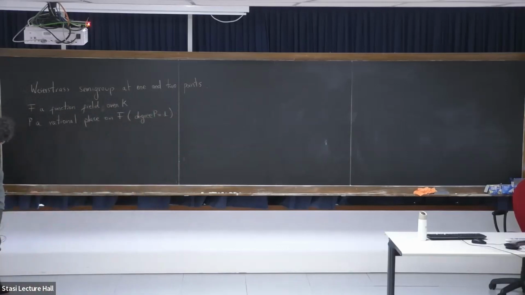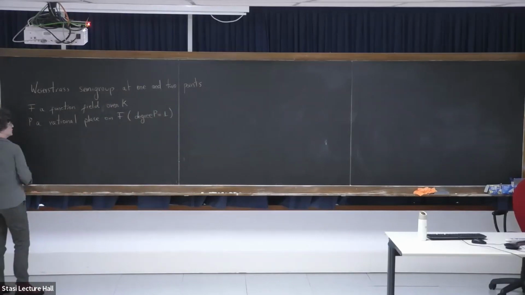Then, fixing this, we saw by the Weierstrass gap theorem that we can associate a Weierstrass semigroup. So we are going to take the Weierstrass semigroup at this point on the function field at this place.